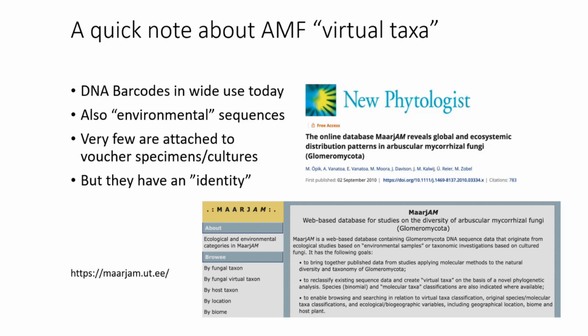Post 2010, you will mostly see these papers using virtual taxa, or VTs, to classify their sequences for the AMF. VTs are kind of species to me, but I couldn't honestly tell you with any confidence that they're actually identifiably single species, because what is a mycorrhizal species is a whole other hour-long lecture on the genetics of AM fungi, and we're not going there. It's complicated, but nevertheless, the VTs have an identity in ecology.